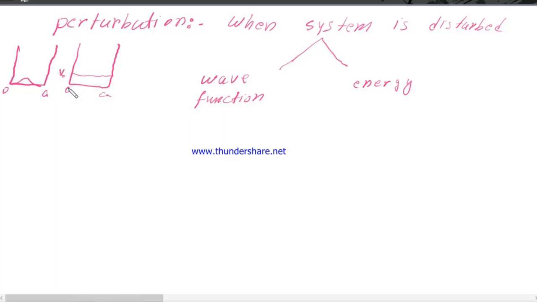So from 0 to V0 to this point, this is a perturbation. So when we perturb this system, then the system wave function and energy may change, and this change in a system is called perturbation. Okay, now we discuss the perturbation theory.